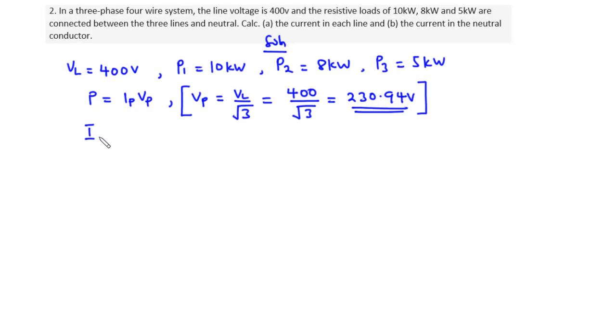So we have the phase current IP to be equal to the power, that is per phase, divided by the phase voltage. So let's start off with phase 1.